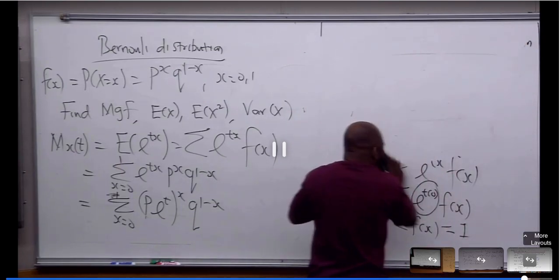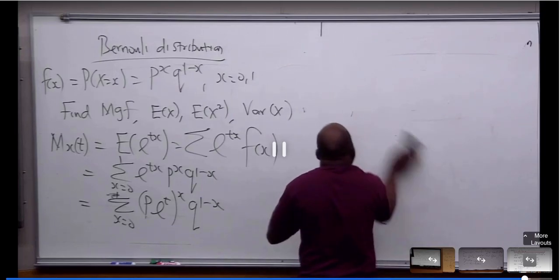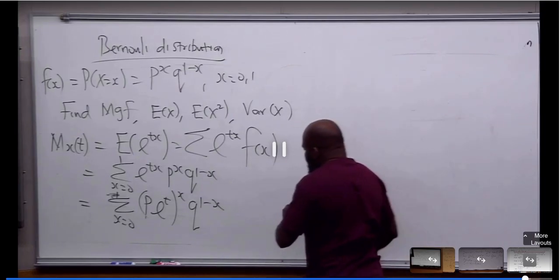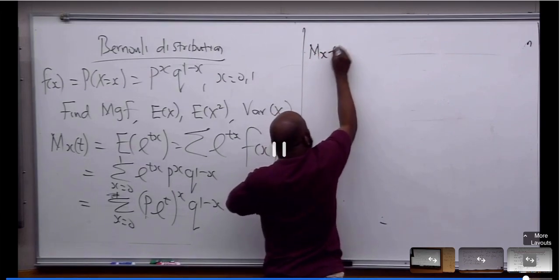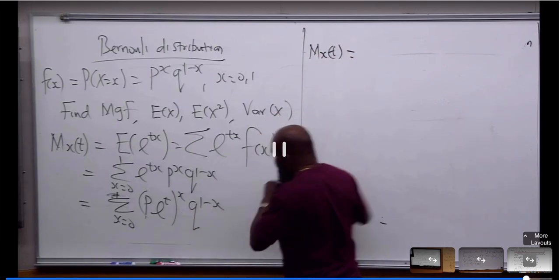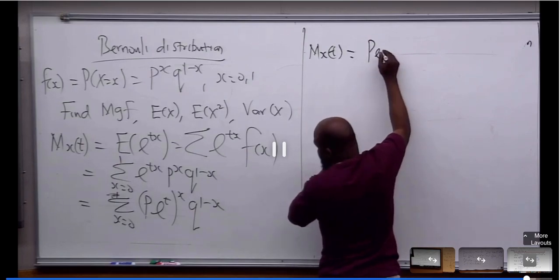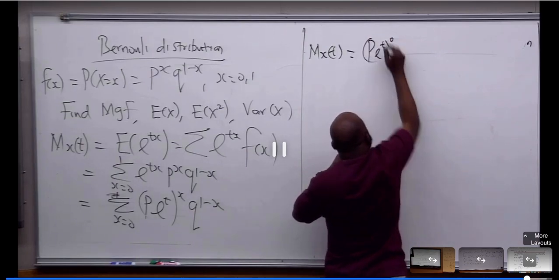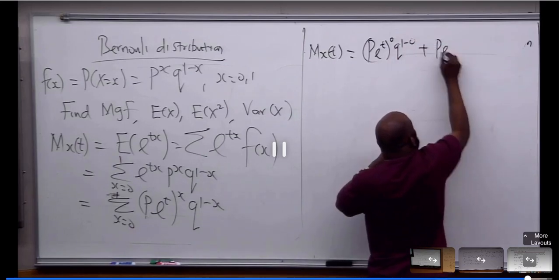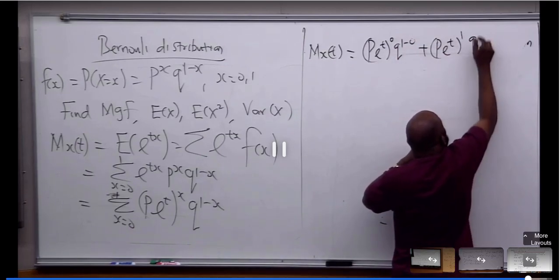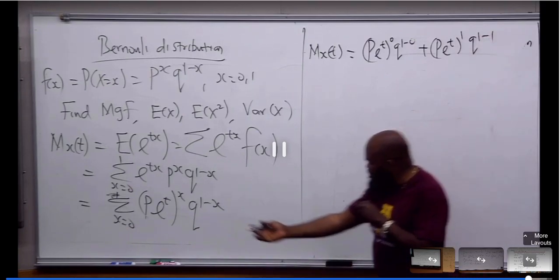Now, if you take a look at this guy, the moment generating function, when s equals 0, I'm going to have p e^(t·0) q^(1-0) plus p e^(t·1) q^(1-1). Is it not easy? Plug in 0, plug in 1.